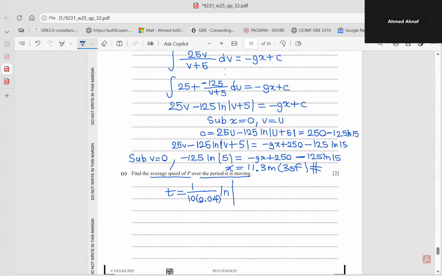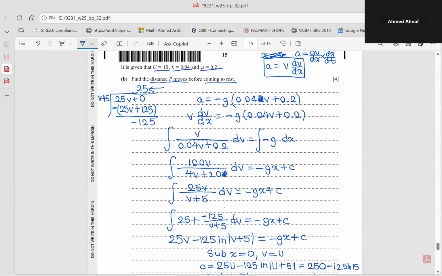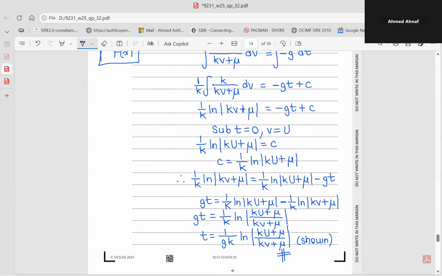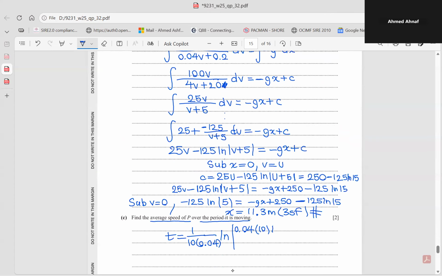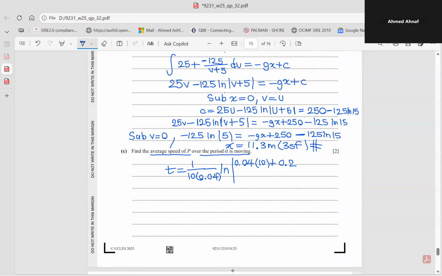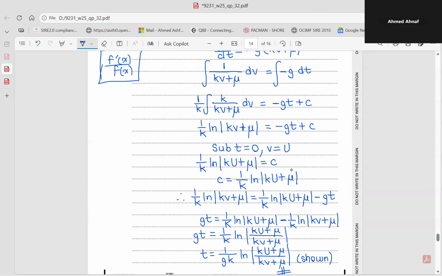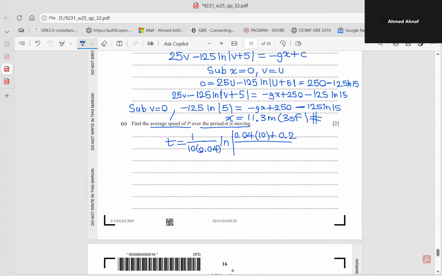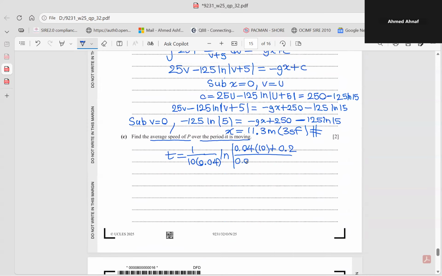So k is 0.04, small u is 10, plus mu, so plus 0.2, over kv plus mu. So k is 0.04, v is obviously 0, plus mu, so plus 0.2.